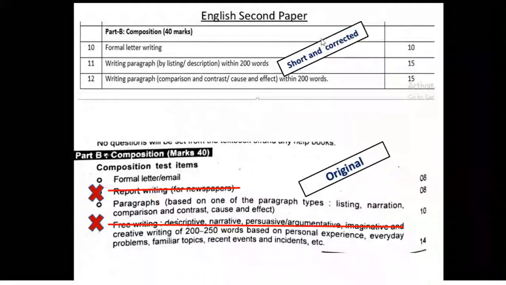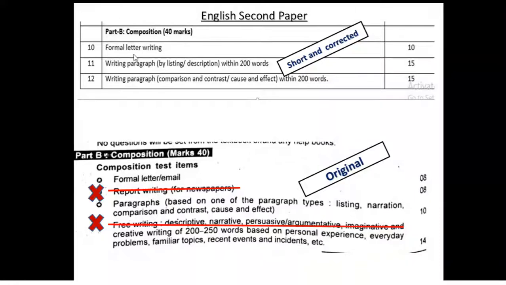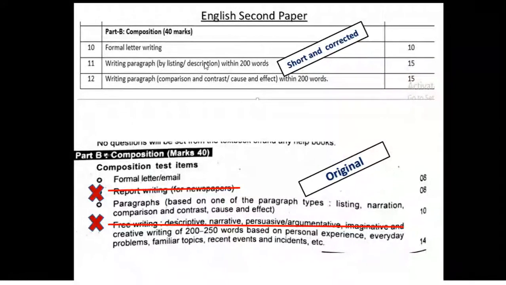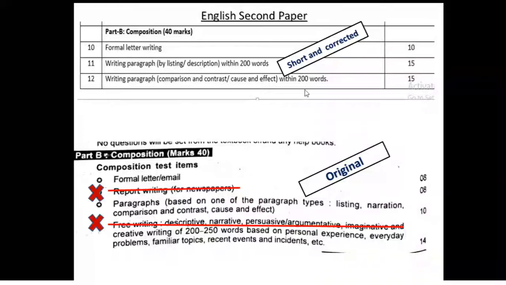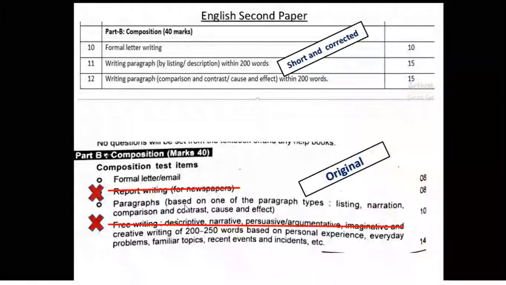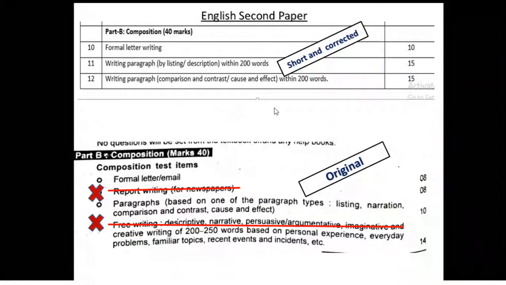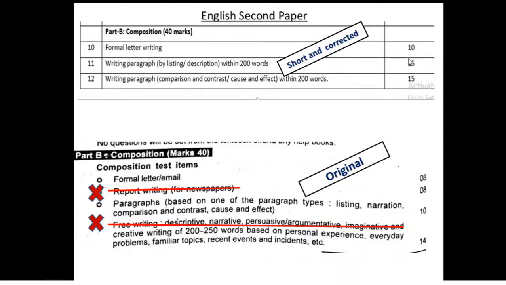In the short and corrected syllabus, we find formal letter writing 10 marks, then paragraph writing by listing or by description 15 marks, then again writing paragraph, comparison and contrast, cause and effect within 200 words. That is, this one type of paragraph has been divided into 2 in the short and corrected syllabus.